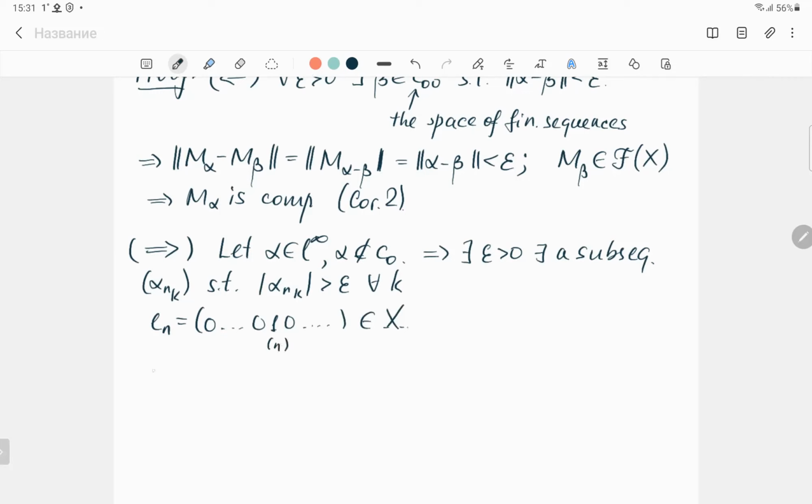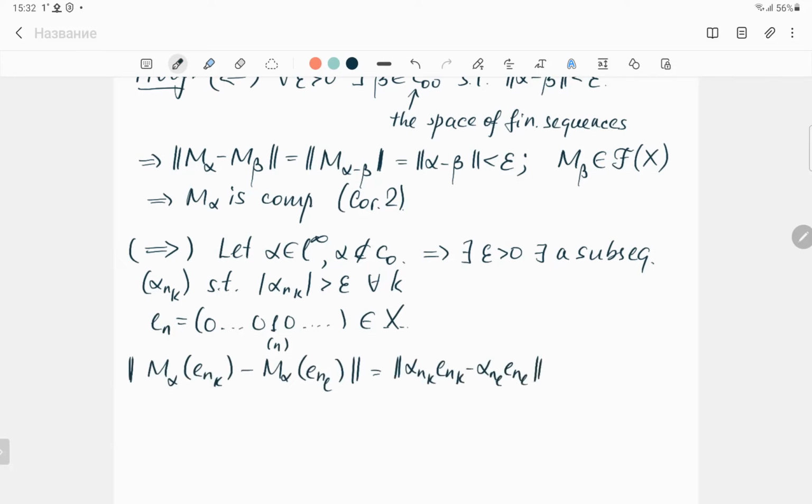And now, if we apply M alpha to e_n_k and e_n_l for different k and l, and look at the distance between these two elements, they belong to the image of the unit ball, because e_n is in the unit ball of X. Well, they are eigenvectors, so this is alpha n_k e_n_k minus alpha n_l e_n_l.